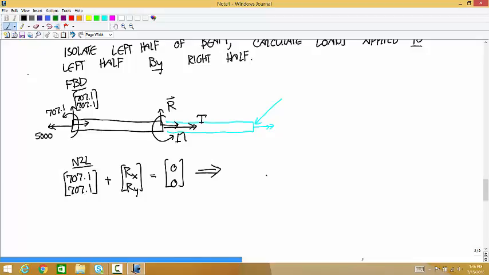And so this gives us that reaction force vector is equal to negative 707, negative 707. And then we'll do the moment equation, rotational Newton's second law, about the z-axis. And as an about point, I'm going to choose the left end of the beam.